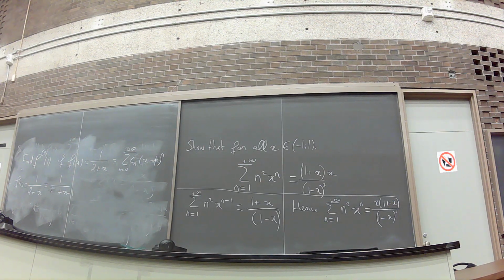Why don't I use it here, but instead of x I have x minus 1? Now, is this equality true? Is 1 over 2 plus x equal 1 over x minus 1? No. What do I need to add? I need to add 3.